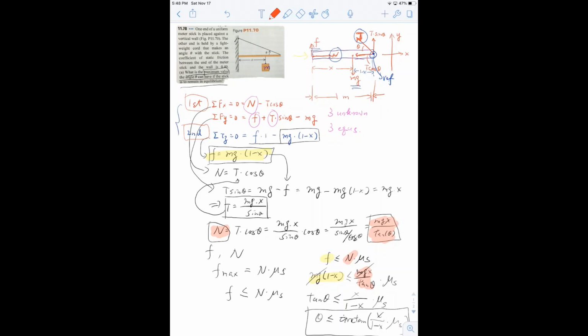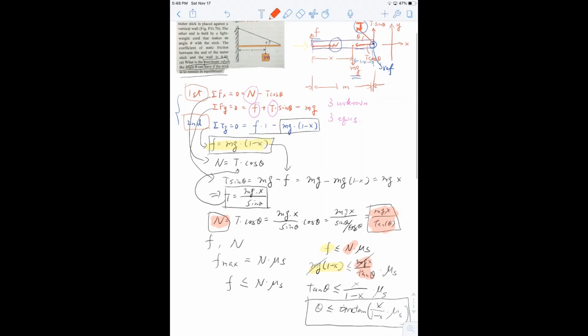The second condition is that given a reference point, any reference point, and here we pick one that works in our favor, the right end of this meter stick, we calculate all the torques, and they need to sum up to 0. Using these three equations, we can solve the three unknowns.